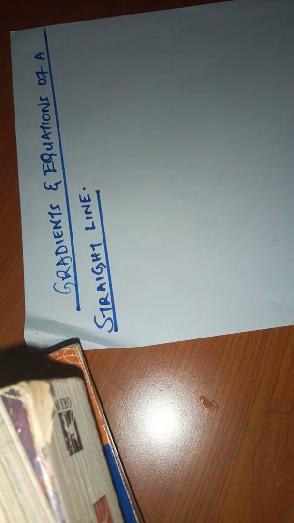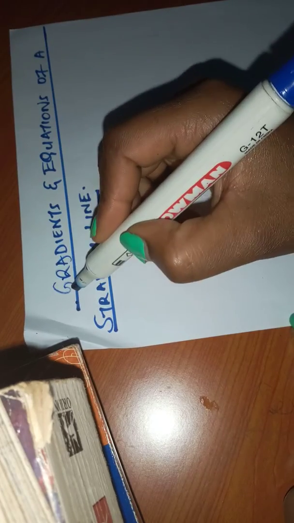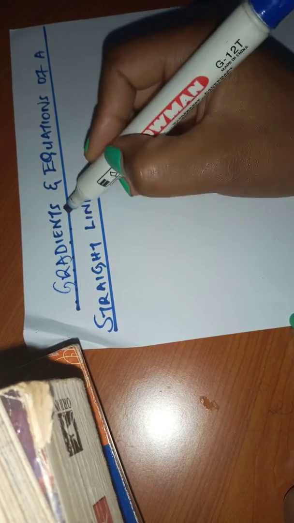When we think of a line, like the one I've drawn, a line is a combination of so many points moving in the same direction. If the points go in the same direction, we say that is a straight line.